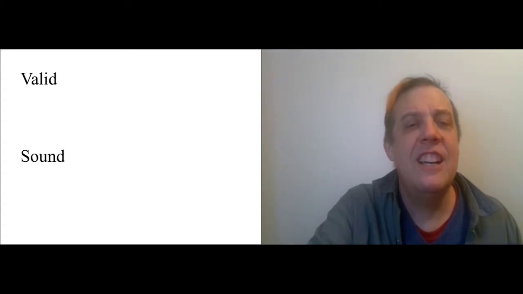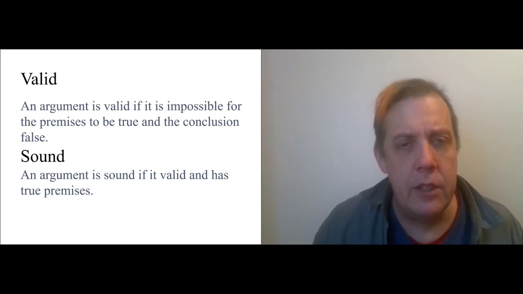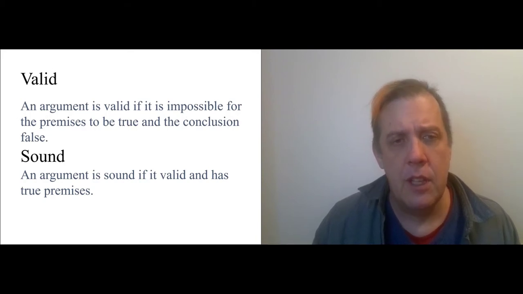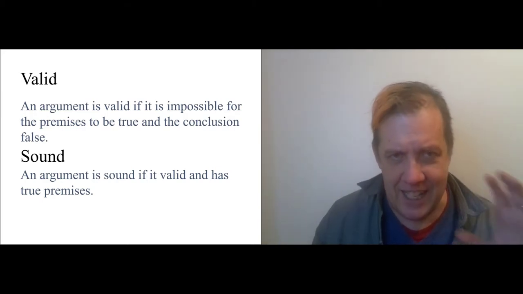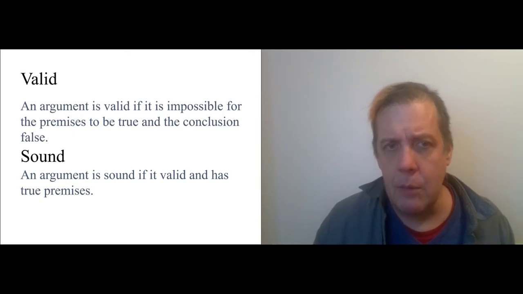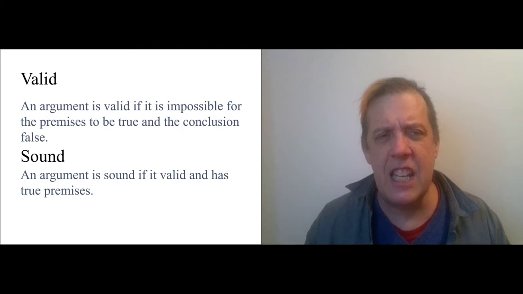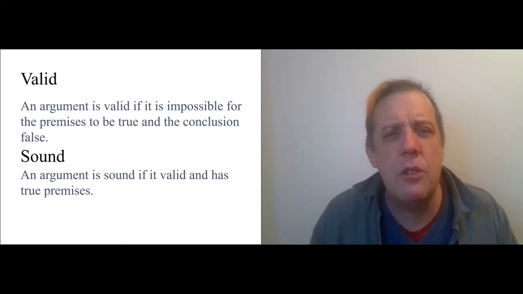We're going to say that an argument is valid if it is impossible for the premises to be true and the conclusion false. That's an odd phrase, but you need to just sit with it a while and really get it down. We're not claiming that the premises are true. We're just saying that if they were true, there's absolutely no way the conclusion could be false.